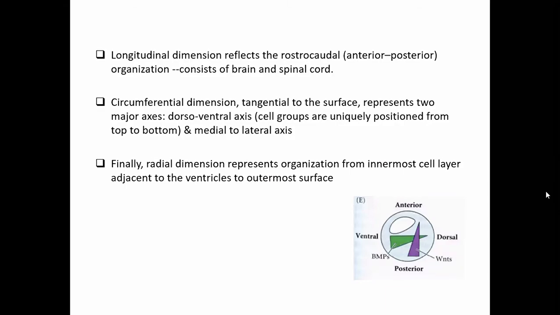So you can see that there are 3 dimensions, which give out the different parts of your nervous system. The longitudinal is your brain and spinal cord. The circumferential is your dorsoventral axis, then the medial to lateral axis, and the last is your ventricles and the outermost surface.